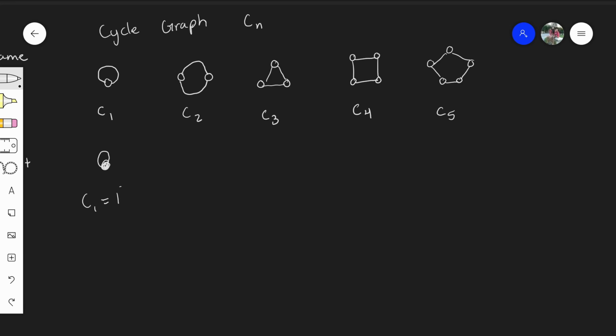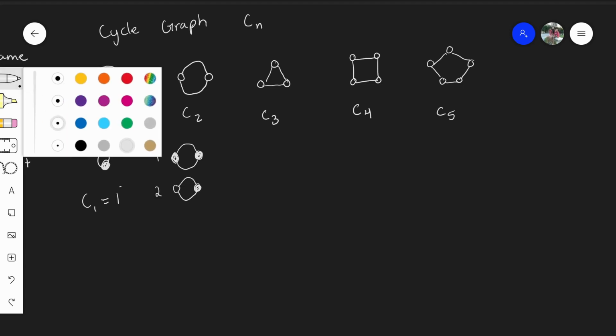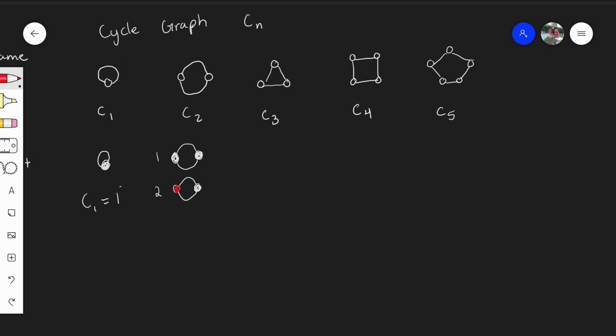What about C2? C2 is very similar to one of the path graphs above. We can color it one way with 0 red colors, and then we can color it two ways with only 1 red color. And that brings us to a total of 3 ways to color C2. What about C3?